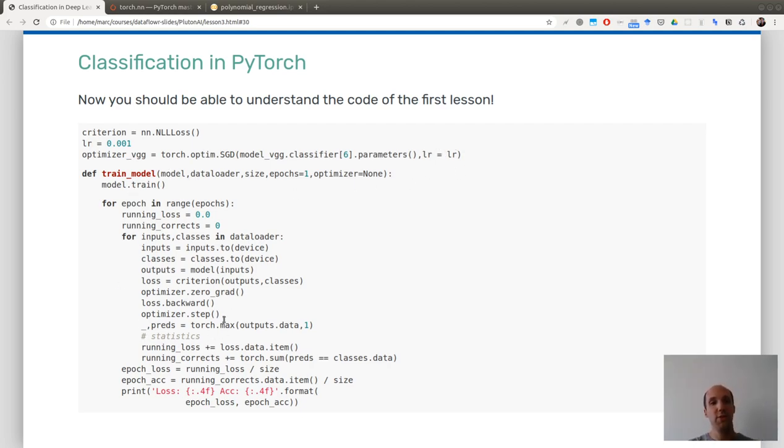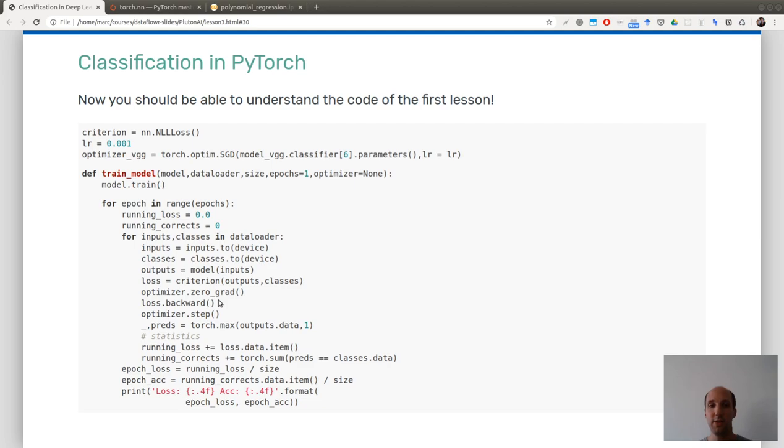The training loop is done in this function. You are running for several epochs. Then you are looking at all your data sets. We didn't see yet how the data loader is working, but this will give you a batch of inputs and the corresponding classes. You compute the current prediction made by your model on the input. You compute the loss. Then you put to 0 all the gradients.